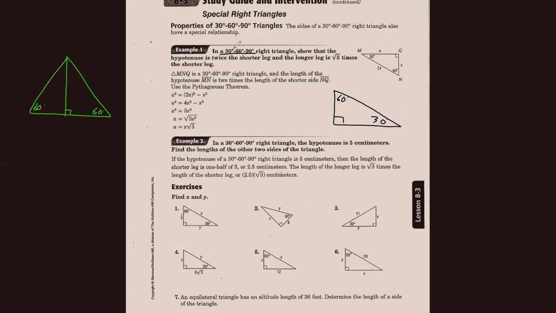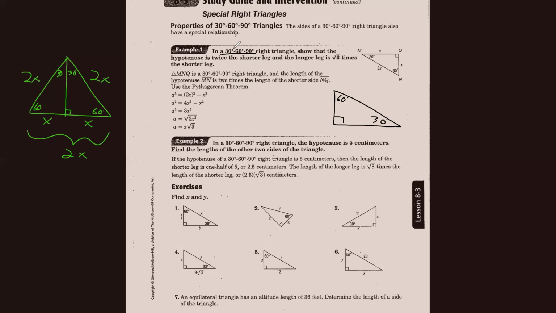So instead of that whole angle being 60, each of these is now 30. I split this in half when I do that. Starting with this smallest piece, I know that those are x, which means that the entire side of this is 2x. And this side's 2x, these sides are 2x.